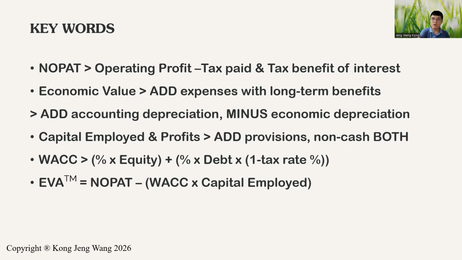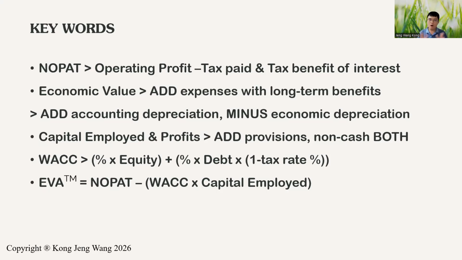So that's why provisions need to be added back. At the same time, add back to the capital employed section. Later on, we have one question to give you an overview of how this adjustment works.